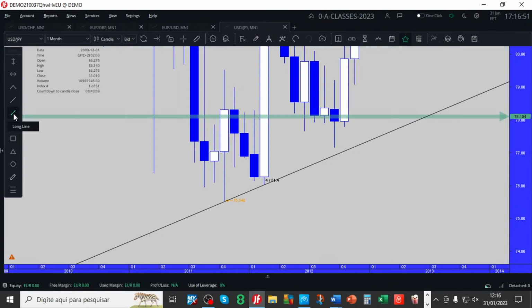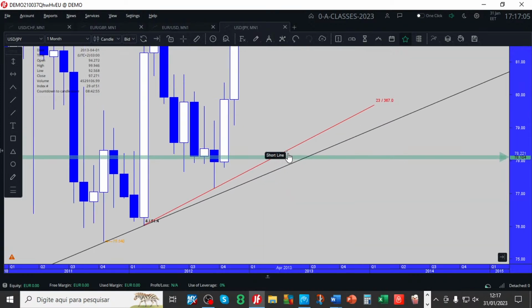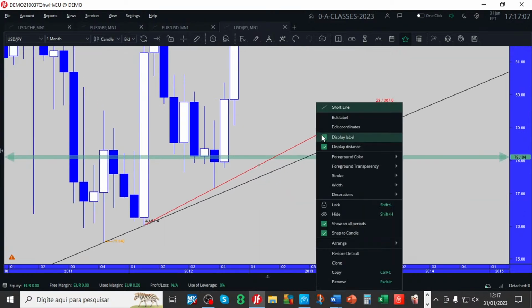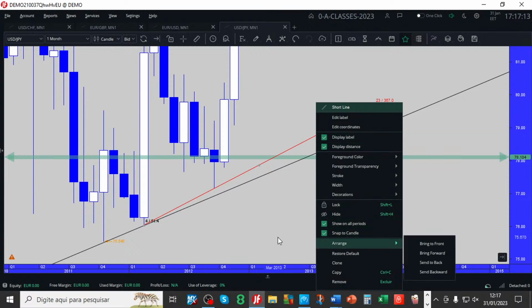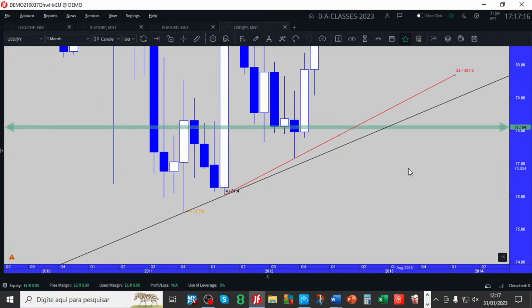I'm going to use the long line again, or maybe I'm going to use the short line. I'm going to extend, and I'm going to connect the next two tails. Let me see if I can right click and extend, edit. Oh, I can't, right?